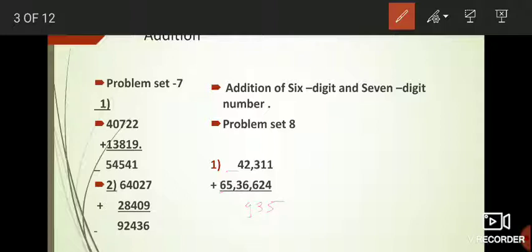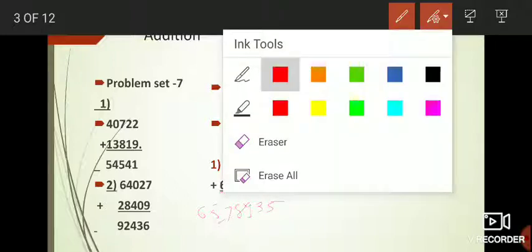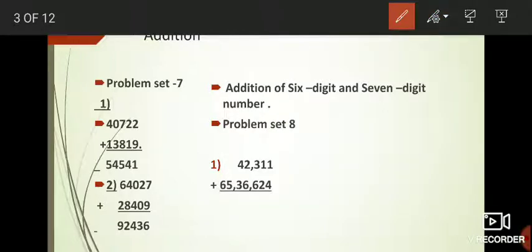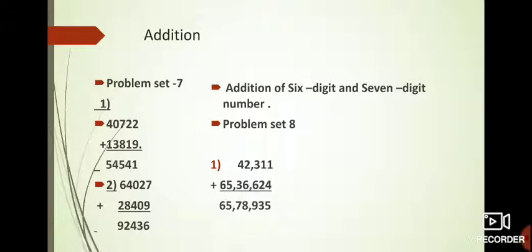Now 6 plus 2, 8. 4 plus 3, how much, students? Yes, 7. And this 5 as it is and 6 as it is. So answer is 65,78,935. Okay.